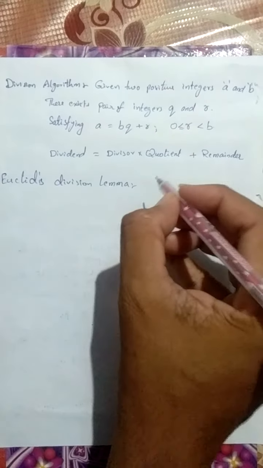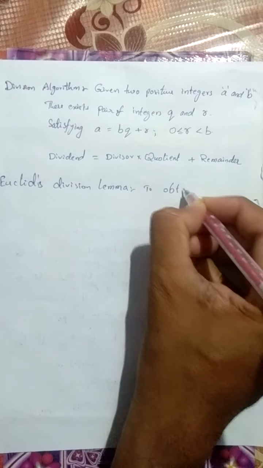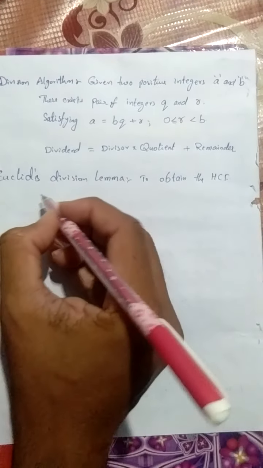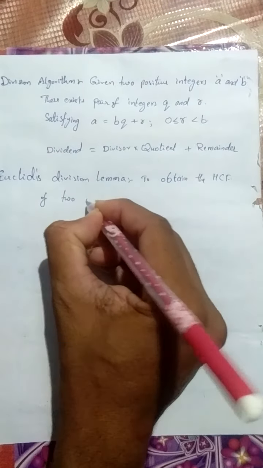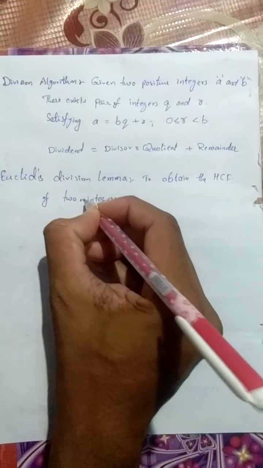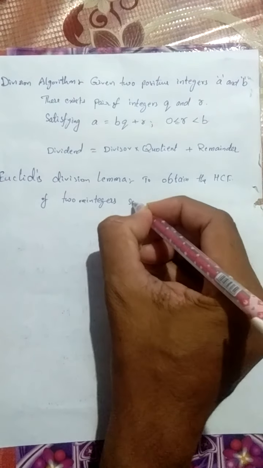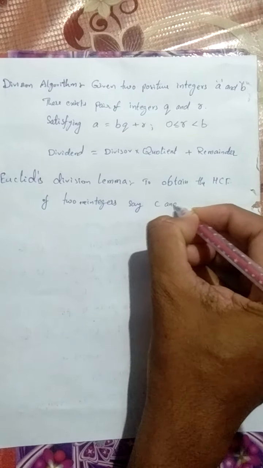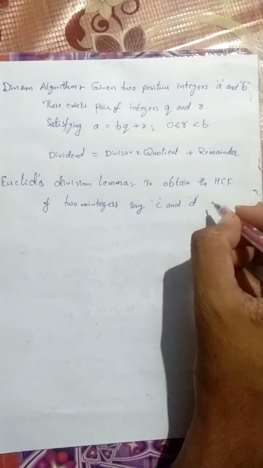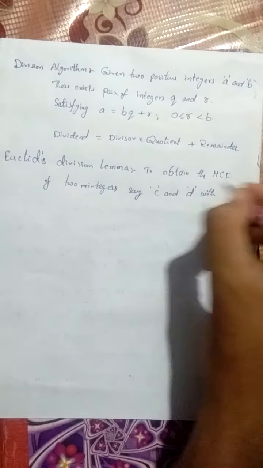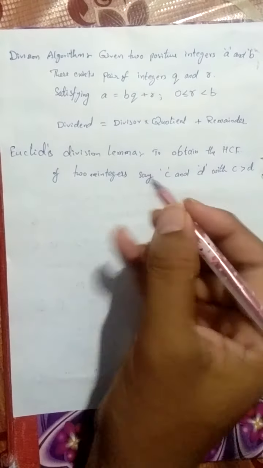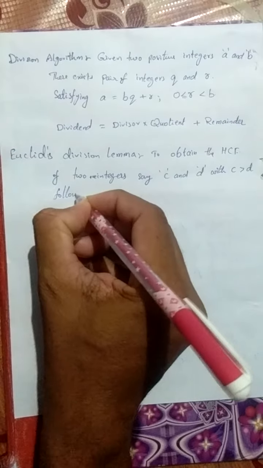Here we say that to obtain the HCF of two positive integers, we can take those as c and d, with the condition c is greater than d. Follow the steps to find out the HCF.